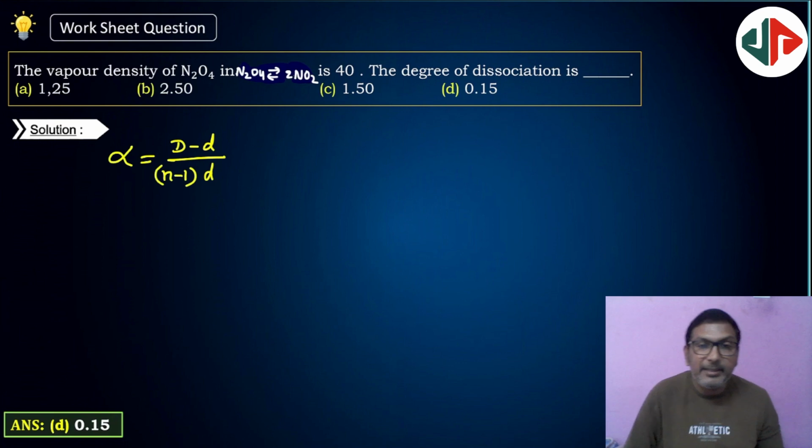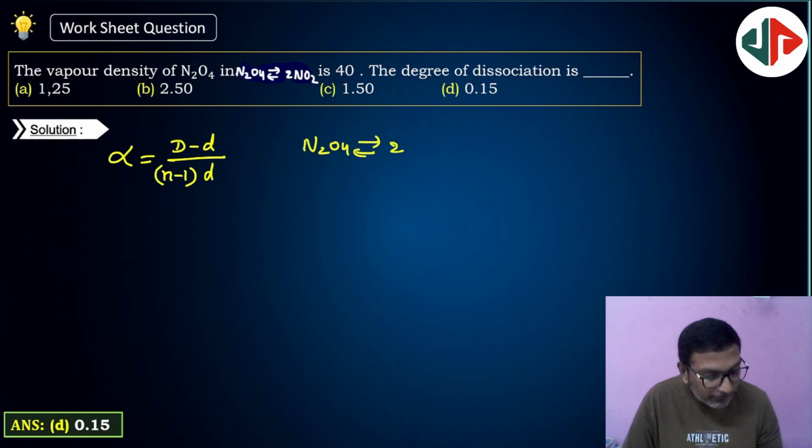Here alpha is the degree of dissociation, capital D is the initial vapor density, small d is the vapor density at equilibrium, and n is the number of particles formed. Here N2O4 changes to 2NO2, therefore n value is 2.